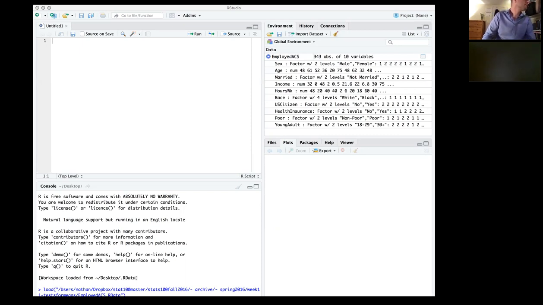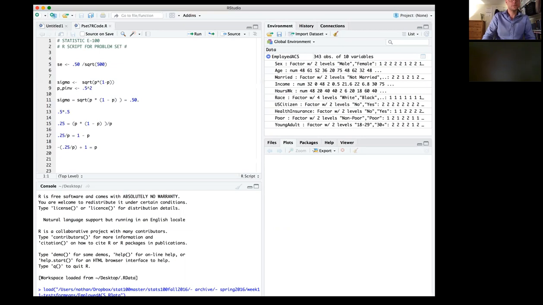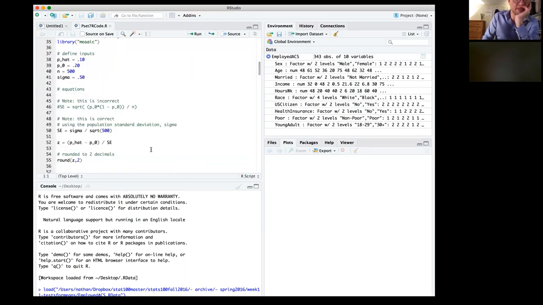Sometimes your default might be R rather than RStudio. So just make sure your default is going to open in RStudio. Okay, here we are.